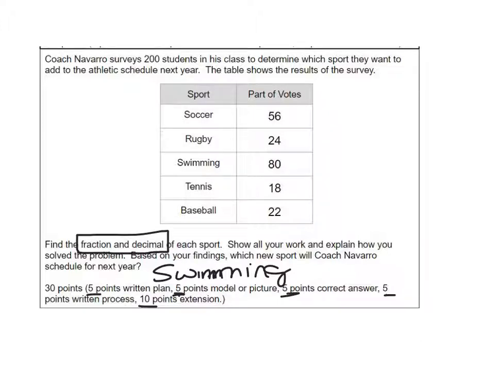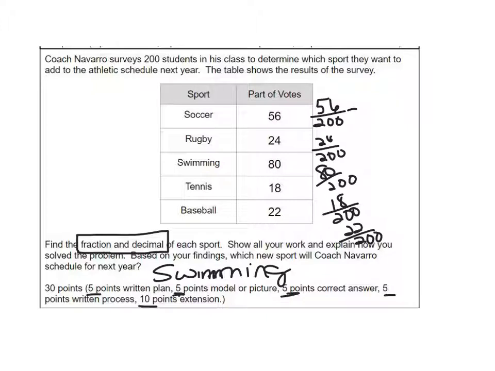So what you needed to do, you needed to go ahead and put 56 over 200, 24 over 200. Then 80 out of 200, 18 out of 200, and then 22 out of 200. Now, because you wanted it to be 100, you could divide each of them by 2.